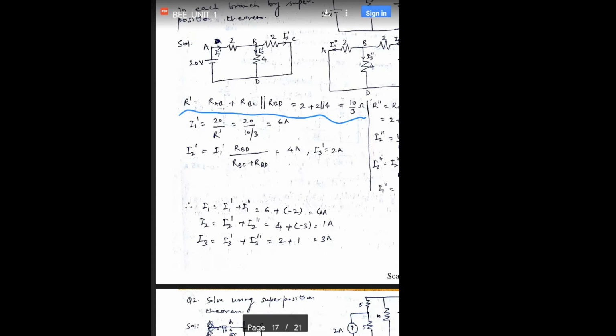Okay, so this formula was already derived, so we can calculate this I2 and I3. I3 can be calculated simply by applying KCL also, because at this node, this I1 dash is equal to this I2 dash plus I3 dash. So if one of them is calculated, you can always calculate the other, 6 minus 4x.